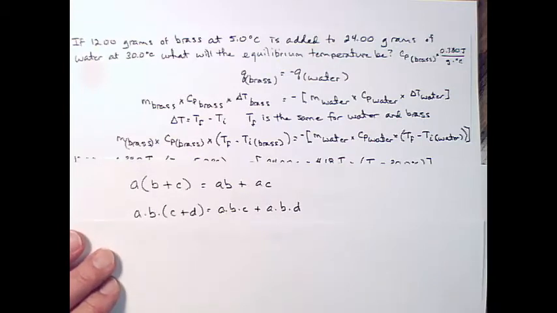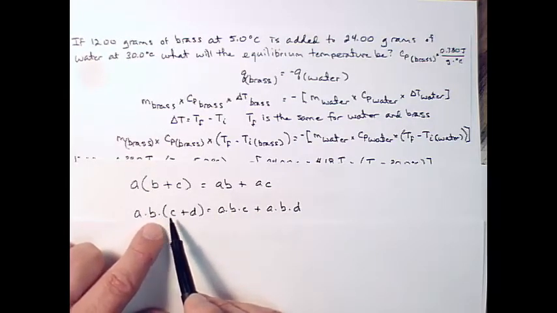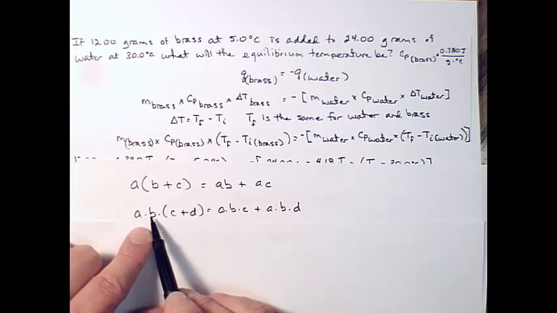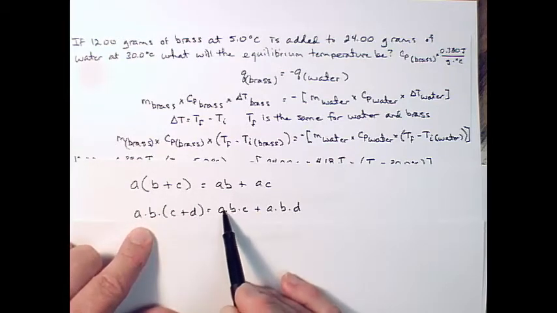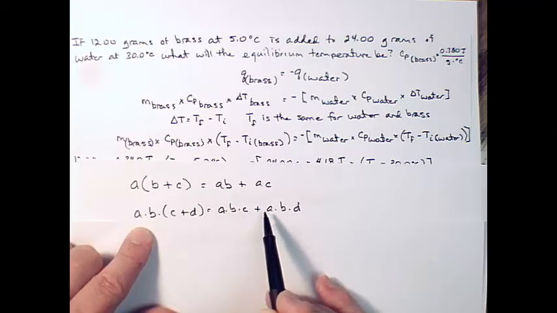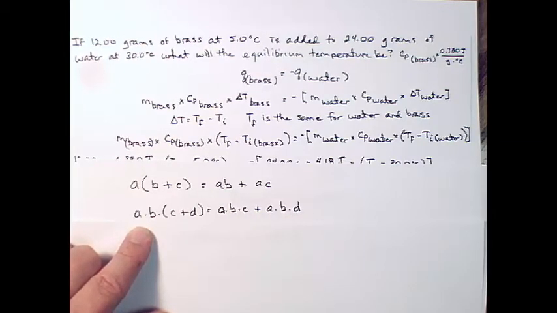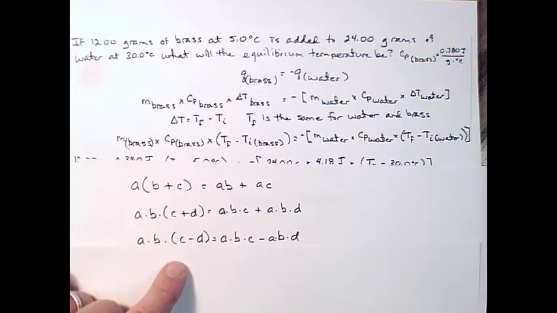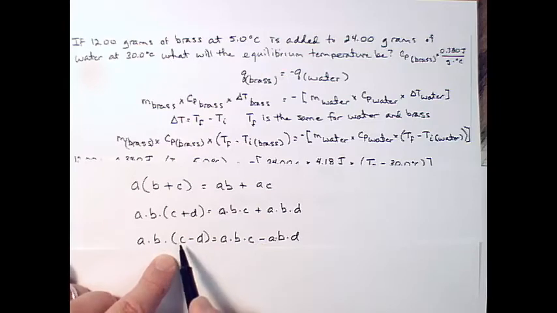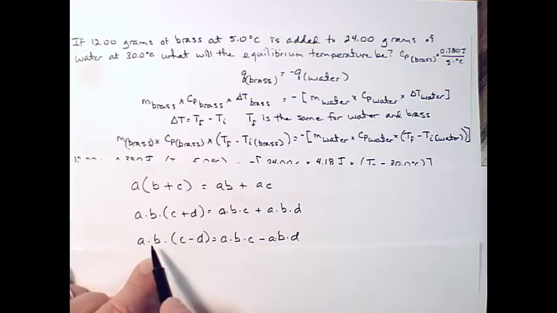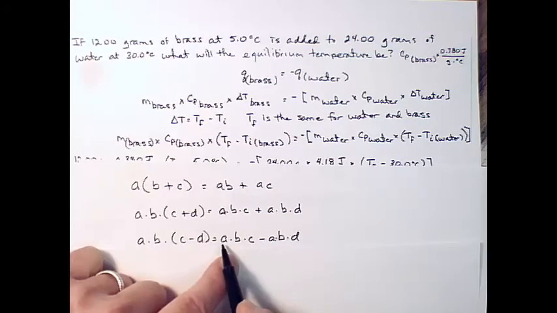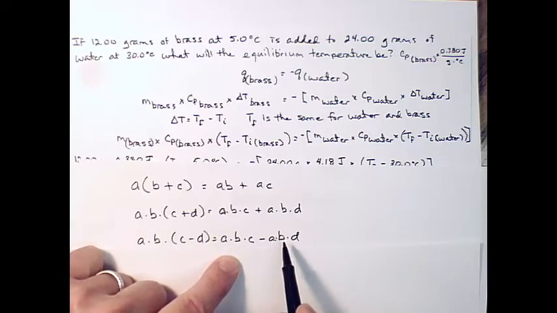Now if I have two multipliers here, A times B times (C plus D), then the A and B both get distributed to the C and the D. So A times B times C plus A times B times D. That's what I have here. Now if we're subtracting here instead of adding, then it's still distributed, only you have a minus sign in between. A times B times C minus A times B times D. And that's what we have over here. A times B times C minus A times B times D.